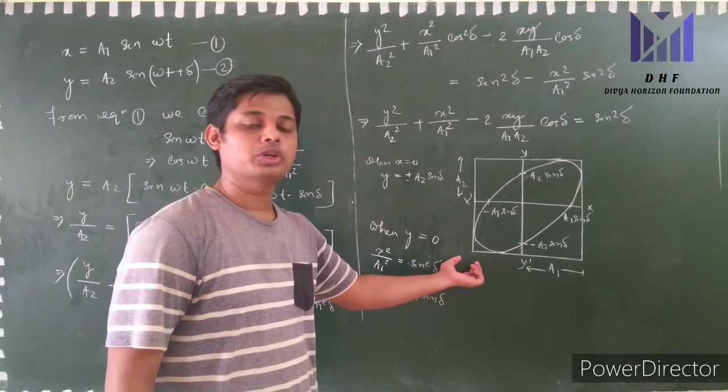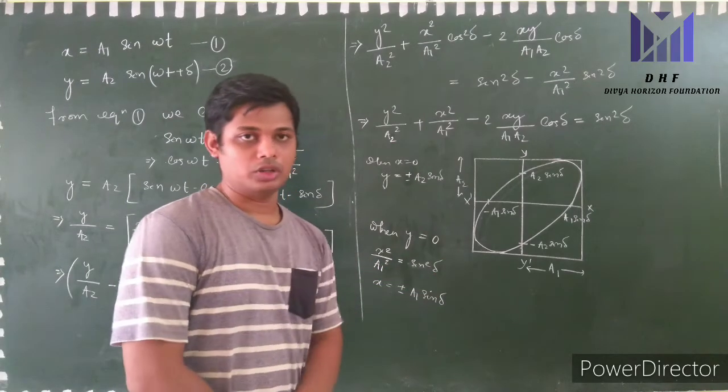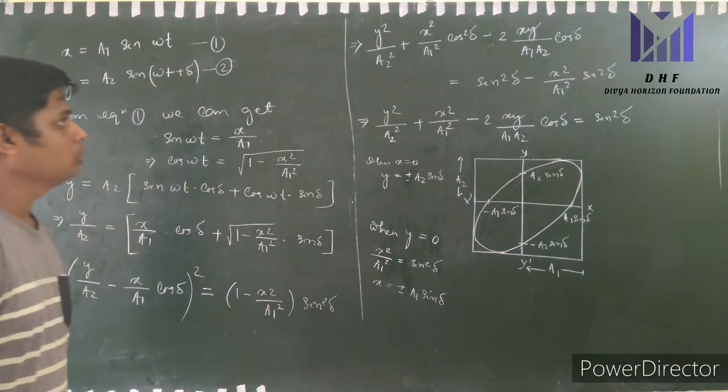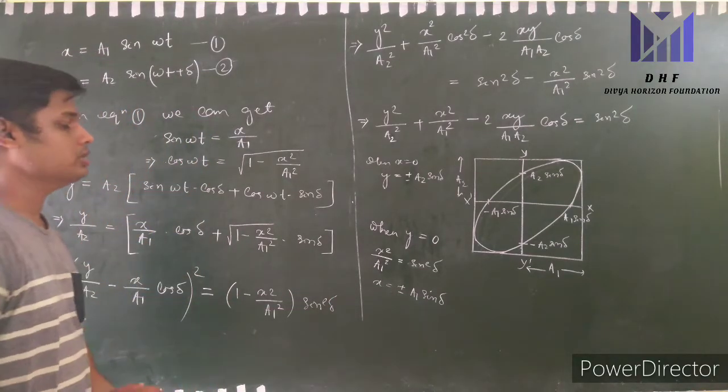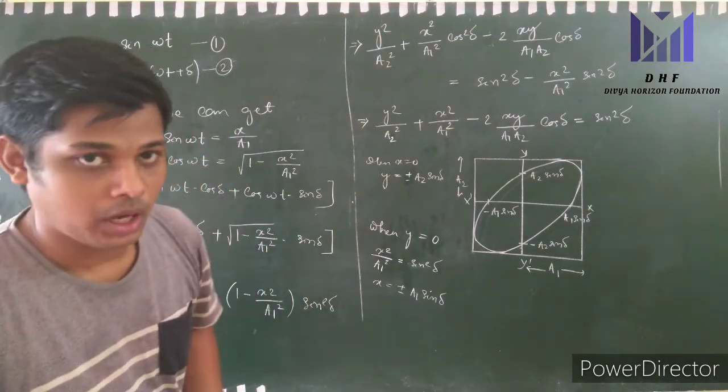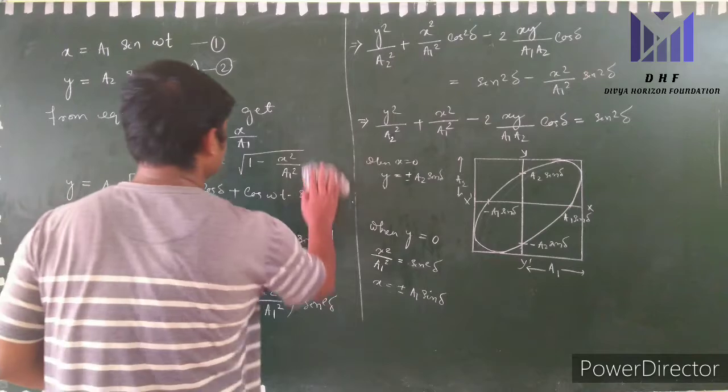And now we are going to use different cases. The first case will be when there is no phase difference between the two simple harmonic oscillators.